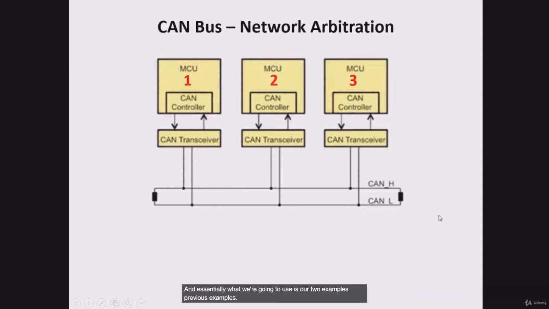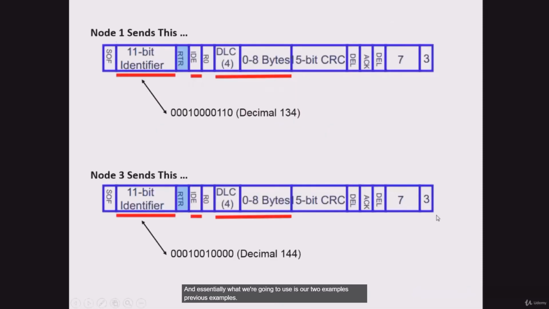And essentially what we're going to use is our two examples, previous examples. Node 1 has the higher priority because its message identifier is lower in value, and node 3 has the lower priority because its message identifier is higher in value. So in a collision, node 1 would win, essentially, but we want to see how exactly that happens.